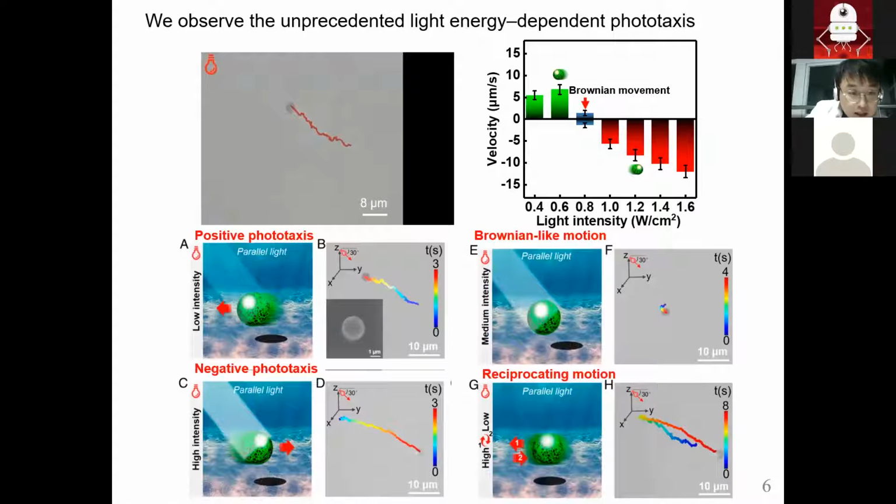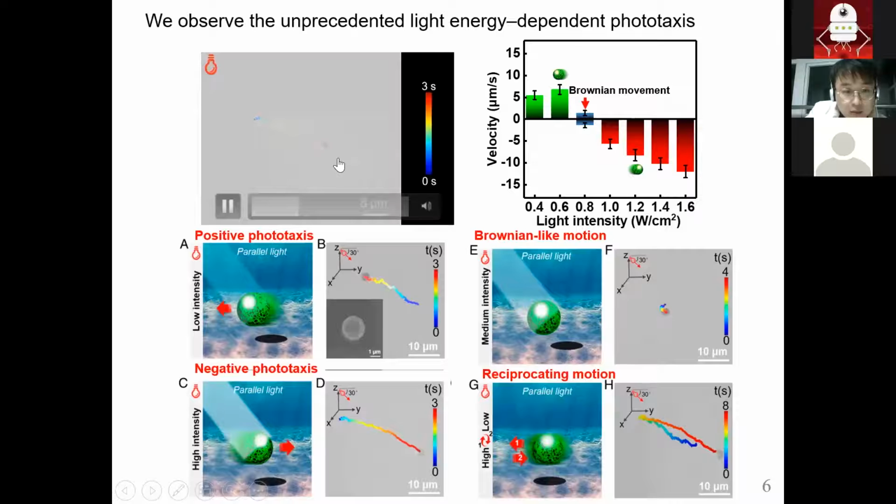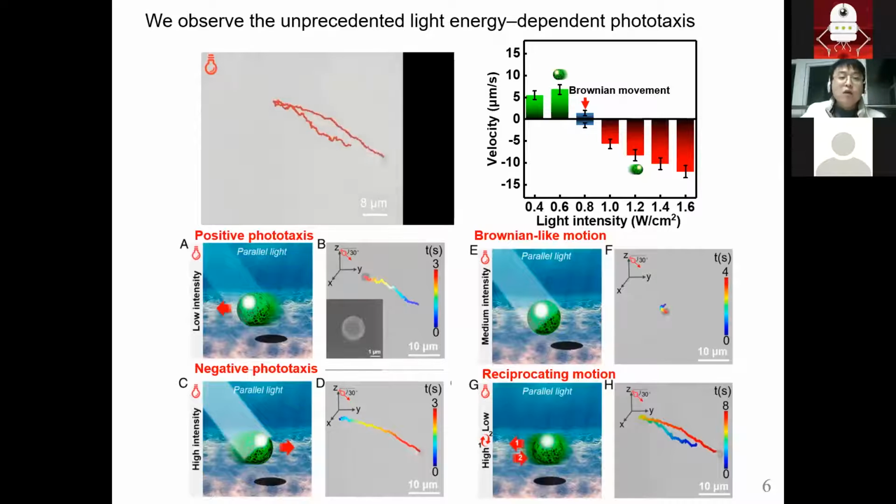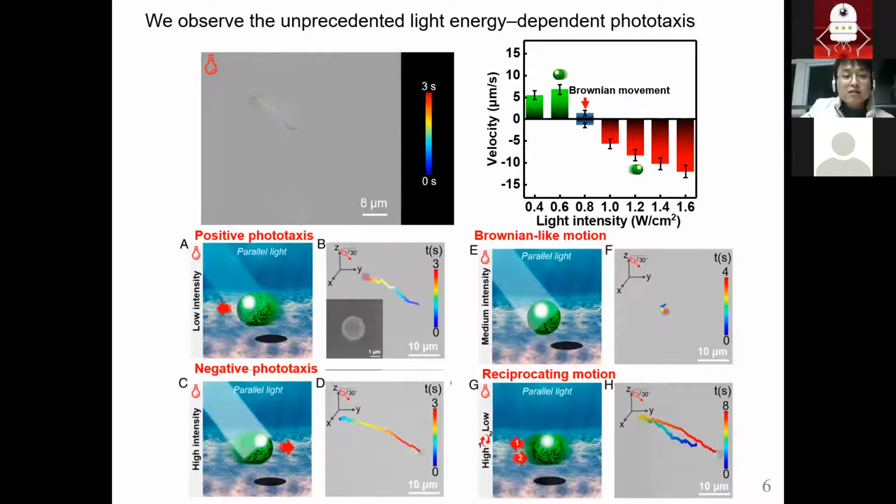Let's watch this movie again. First it exhibits positive and then negative phototaxis, and at the threshold it exhibits Brownian-like motion, and it has reciprocating motion. We find that the micromotor even exhibits a unique reciprocating motion by simply adjusting the light energy.